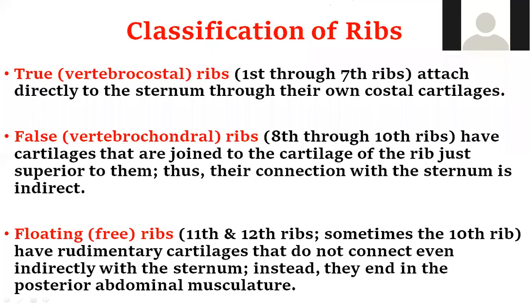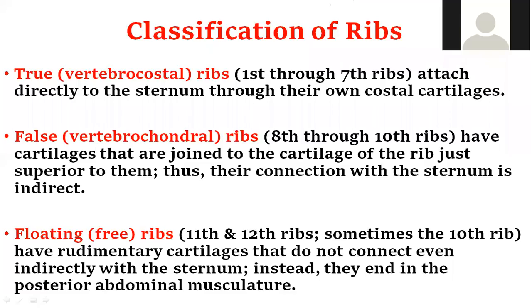Now, ribs can also be viewed as typical and atypical. Typical ribs are ribs 3 to 9. Why are they called typical ribs? There are some features on them that make them typical, and those features can be seen on the head, the neck, and also the shaft.